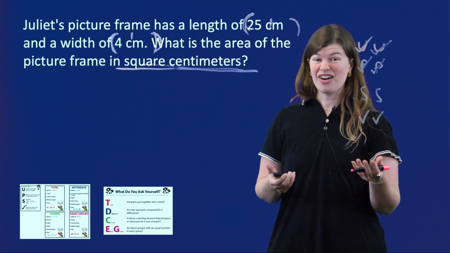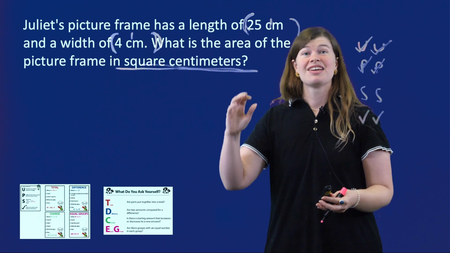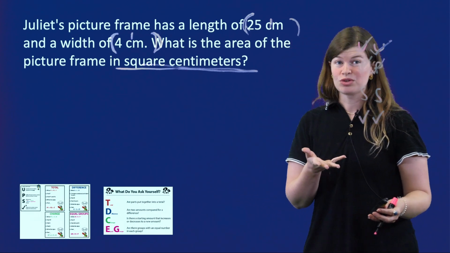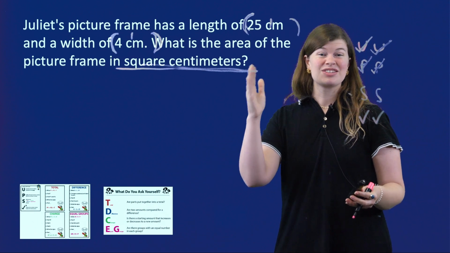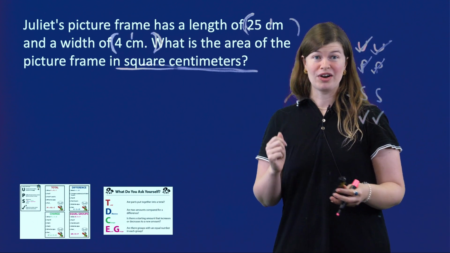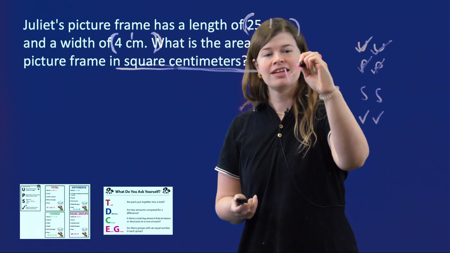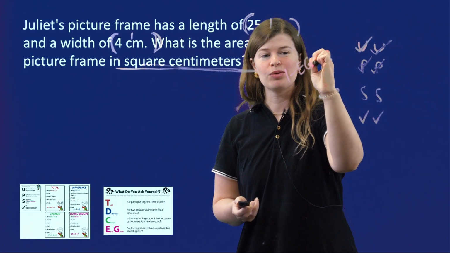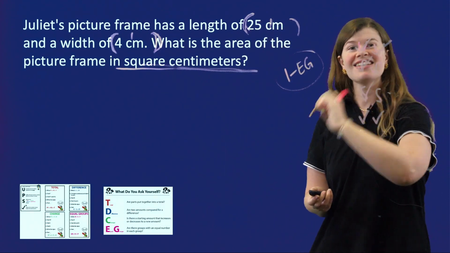But since it's area, I know that my width is going to represent groups and my length is going to represent the number in each group. And we can think of those as columns and rows for our square units. So I can put a 1 and an EG for equal groups. And check off my letter S.